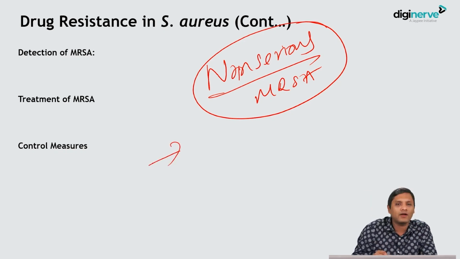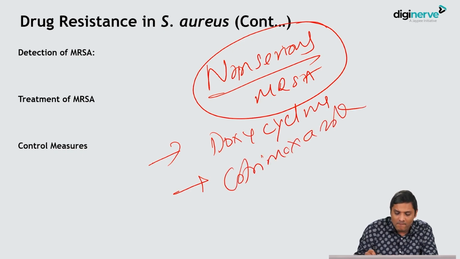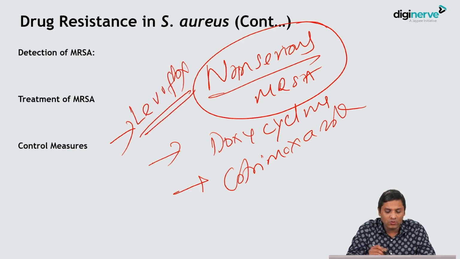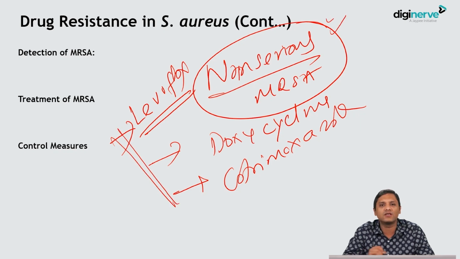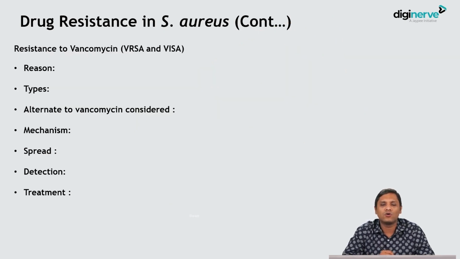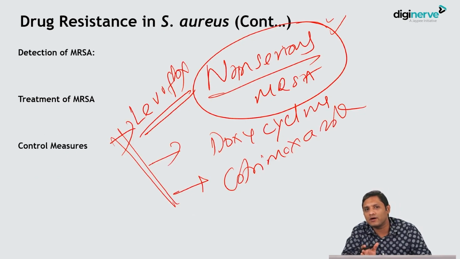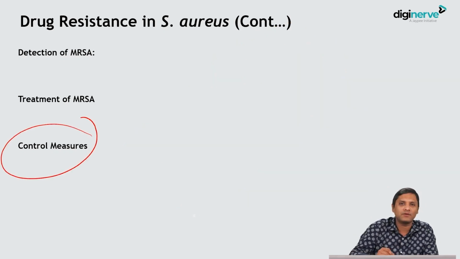Among them, the first line antibiotics you can try to explore: you can start with doxycycline, you can also go for cotrimoxazole, quinolones like levofloxacin. These can be explored if you have a non-serious MRSA infection.